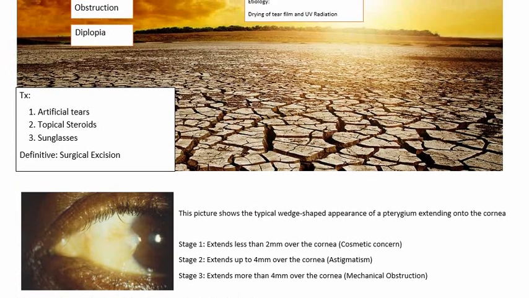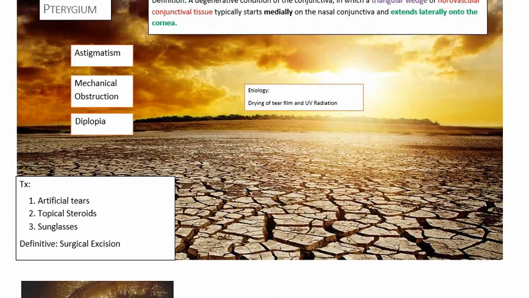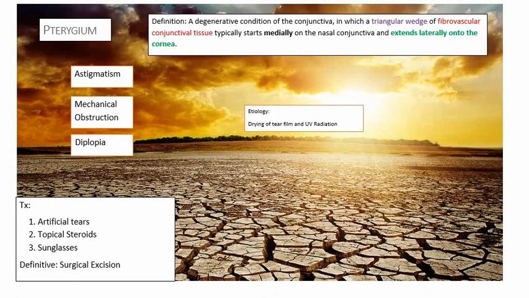Now pterygium is basically a disease process or a condition of hot climate. What does that mean exactly? Meaning that this pterygium, this fibrovascular tissue formation, will happen to people who live in hot climates.